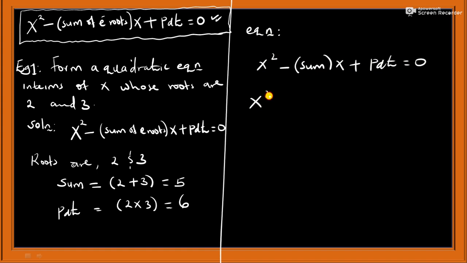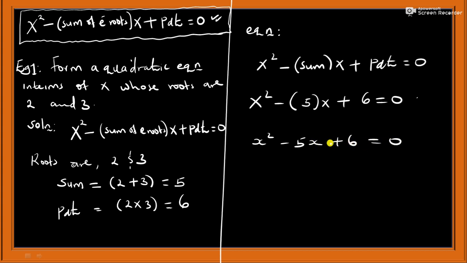So we shall have x squared minus the sum, which is 5, times x plus the product, which is 6, should be equal to 0. So eventually you have x squared minus 5x plus 6 equals 0.